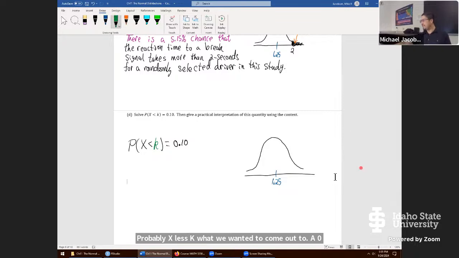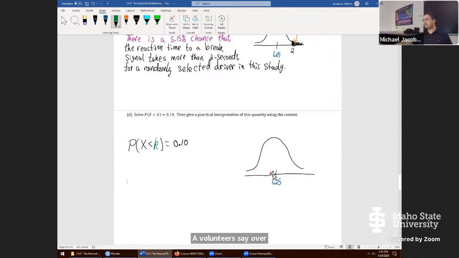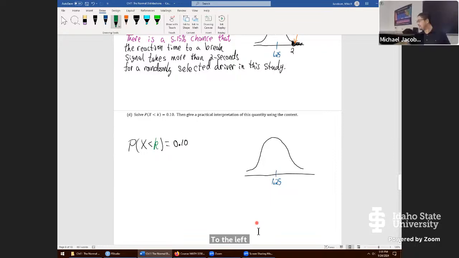Now, first thing we want to decide is, where should K go in this graph? Any volunteers say over Zoom on where K should be? Should be to the left or to the right of the center? To the left. I agree, absolutely. I agree with Hannah as well. Thanks, folks.